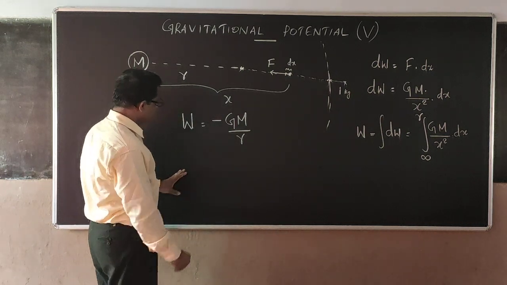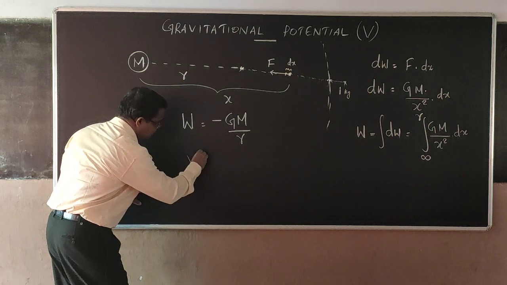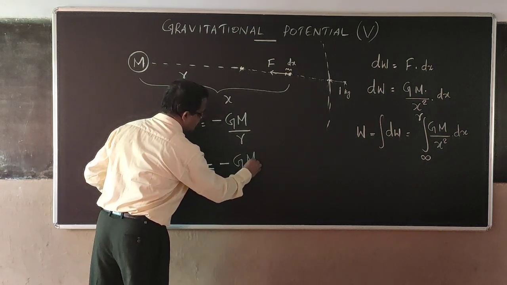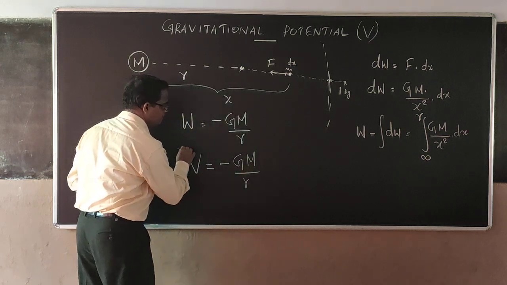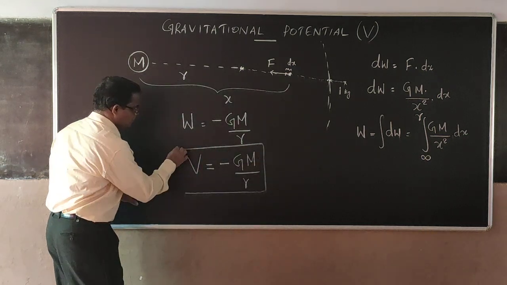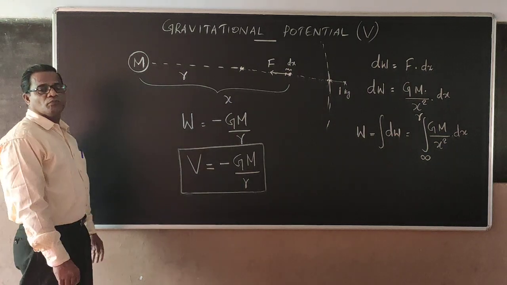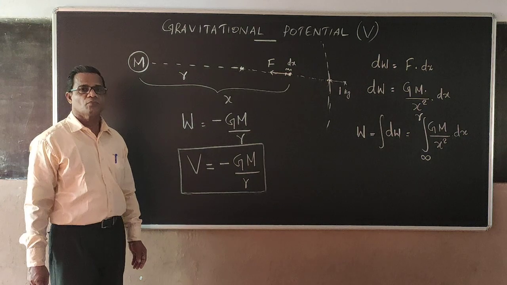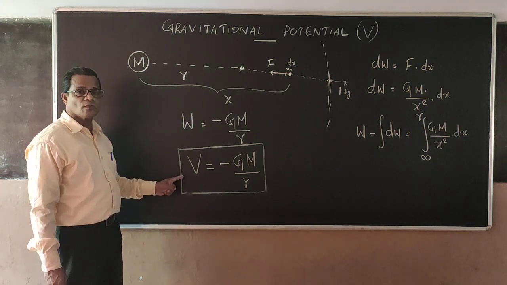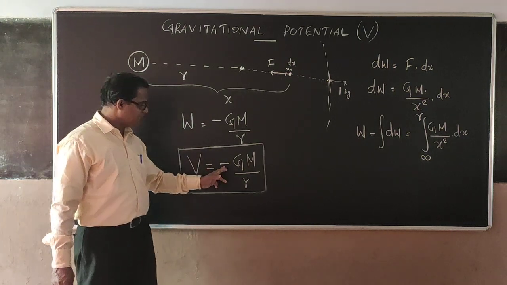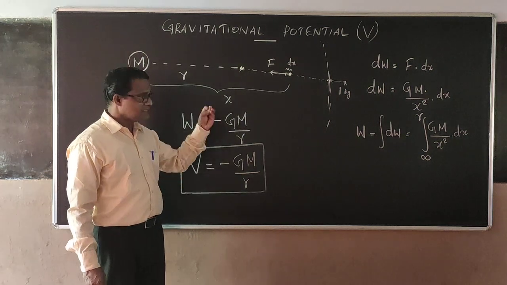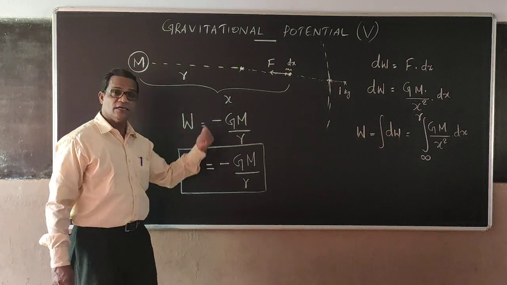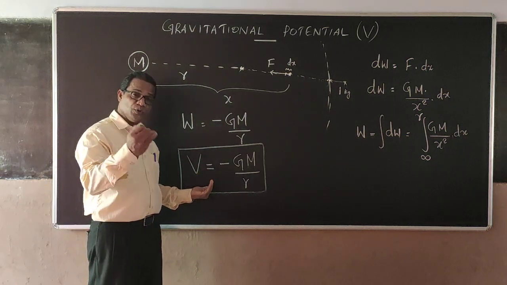And this work done is called gravitational potential V. Therefore, V equals minus GM by r. Gravitational potential is negative because, as I said, here the work is done by the mass and thereby the energy is reducing.